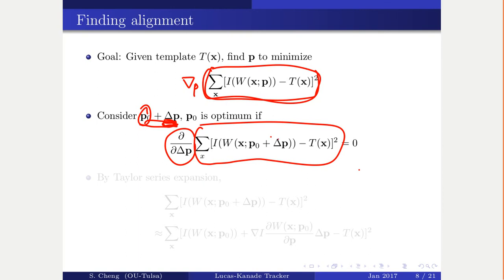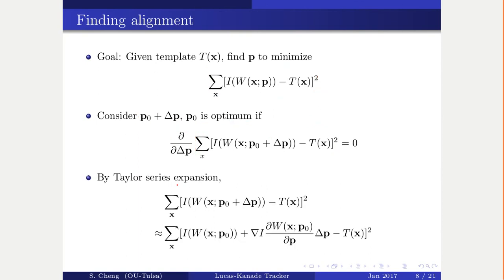And if delta p is small, then we can expand this with the Taylor series expansion that we already described earlier. Note that I want to emphasize that x is treated as a constant here, so only p are the parameters. So I will expand I(W(x; p plus delta p)) around p naught.